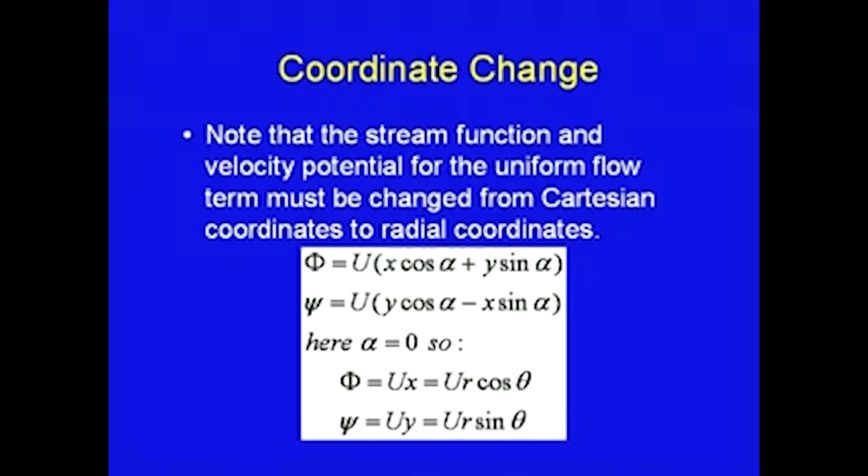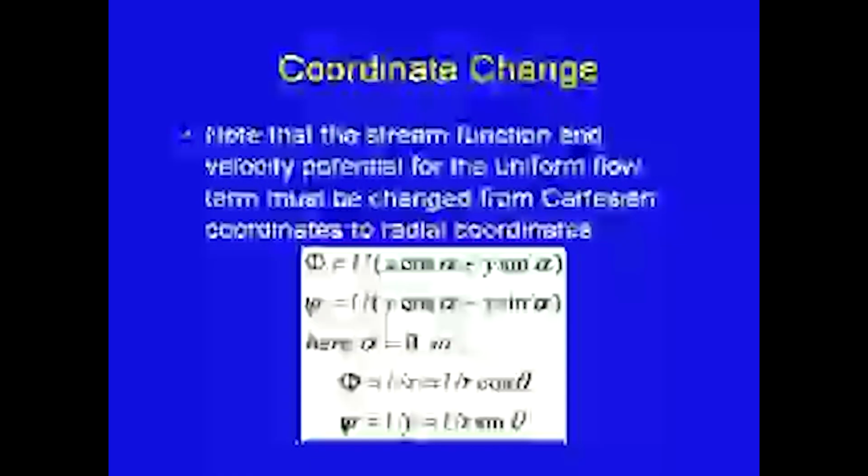For further calculation, we have to change the coordinate system for the uniform flow. The coordinate system we saw earlier was Cartesian, which we can convert to the polar coordinate system with respect to r and theta.